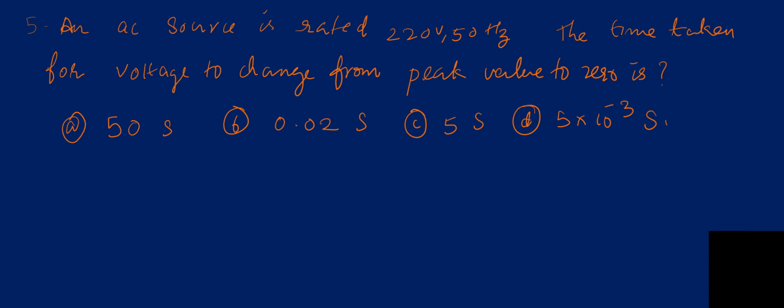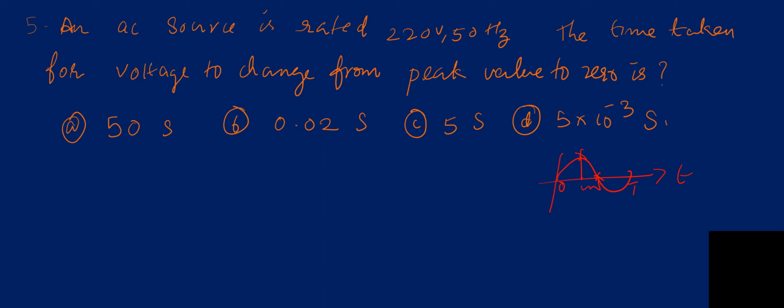An AC source is rated 220 volt 50 Hz. The time taken for voltage to change from peak value to 0 is? We can draw the AC voltage like this, and the time varies from 0 to T. In this question, it is given that time taken for voltage to change from peak value, from here, to 0 value.